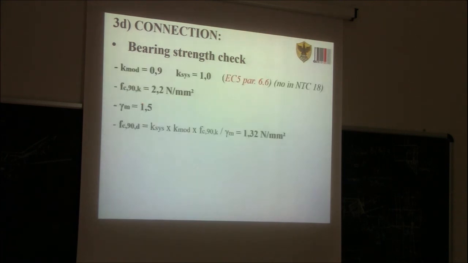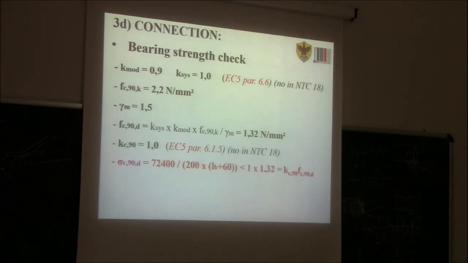We calculate the design value of the stress perpendicular to the grain, 1.32 Newton per square millimeter. Kappa C90 can be assumed equal to 1. So in the end, we see the design inequality: 72,400 divided by 200 times LB plus 60 less than 1 times 1.32.